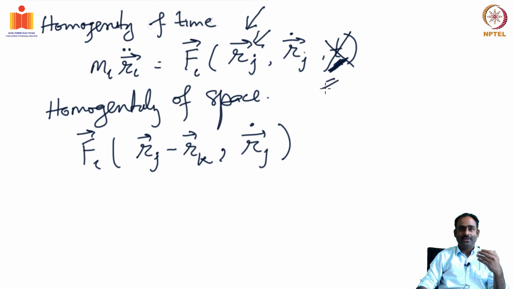So you see, we have been able to put much more restriction on the arguments that can enter into the force. Instead of having this full freedom here, now we have a much more restricted form. t is gone and the coordinates cannot appear directly, they can only appear in differences.